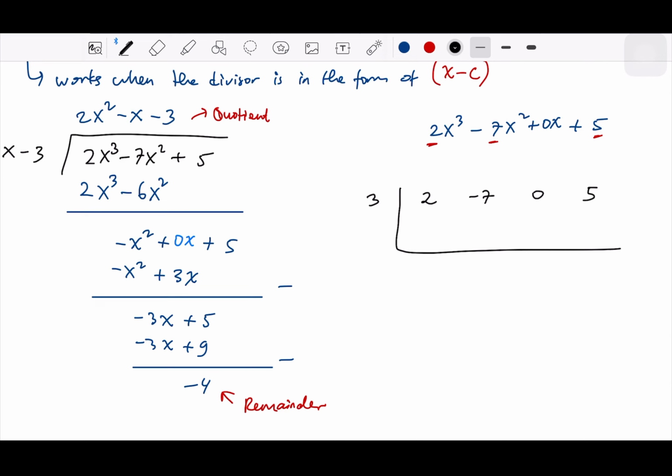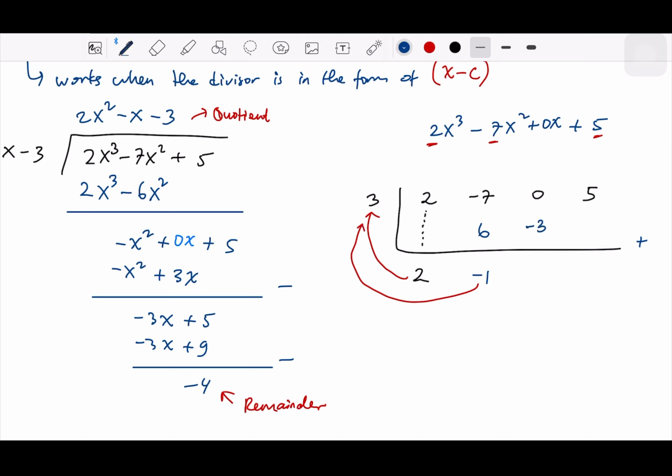So we start by taking down this 2, and then 2 multiplied with 3 is 6, right? So write 6 here, and then add. Negative 7 plus 6 is negative 1. Then again, we multiply negative 1 by 3, it's negative 3.